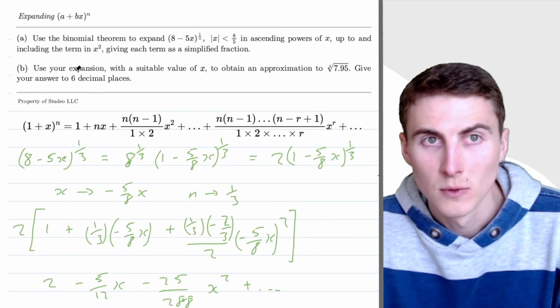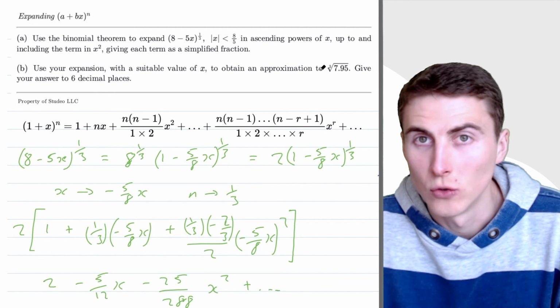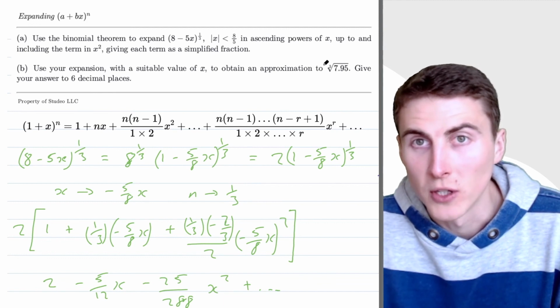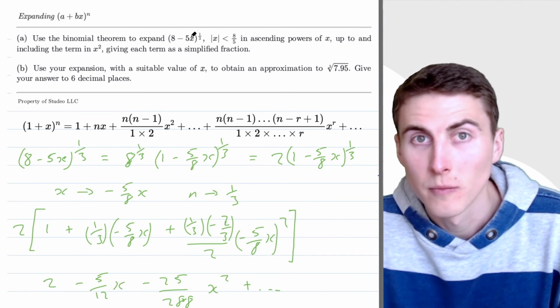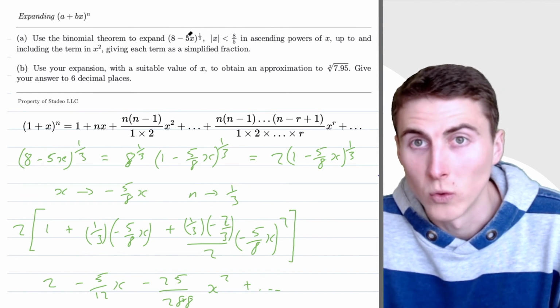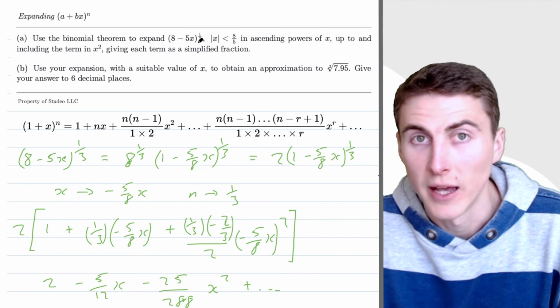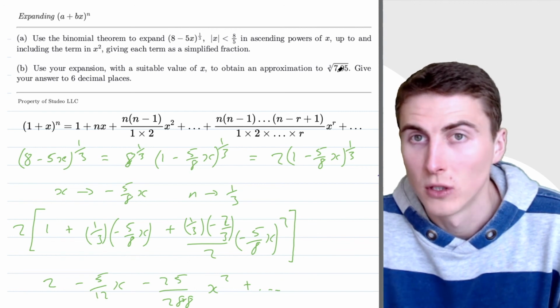And that's it. So we used our expansion to solve this, because we knew that if we made x 0.01, then this bit here would equal 7.95, and so it would effectively be doing the cube root of 7.95.